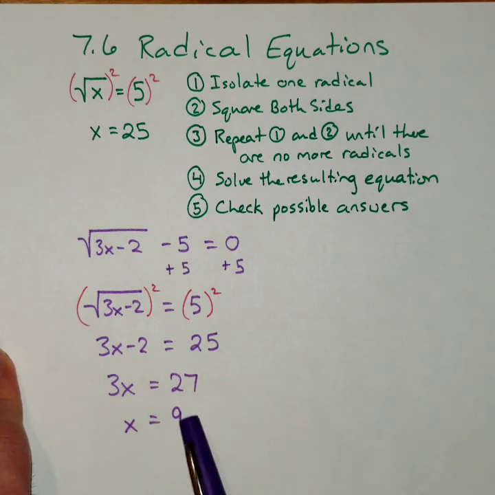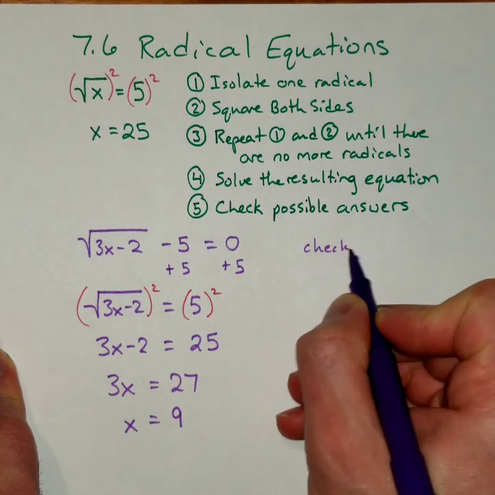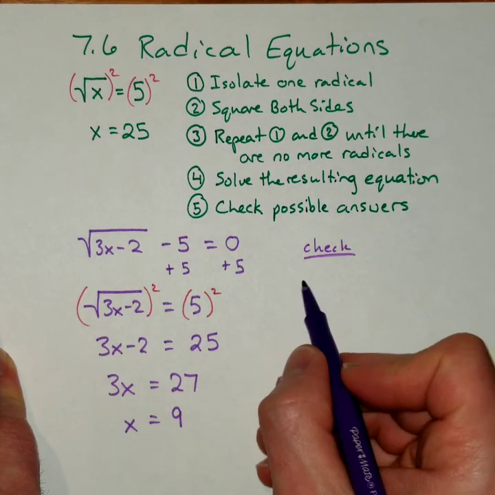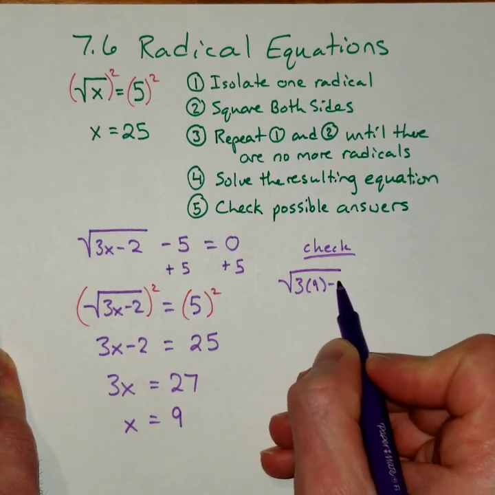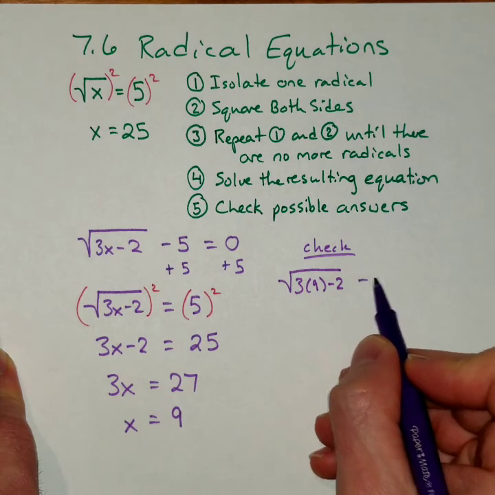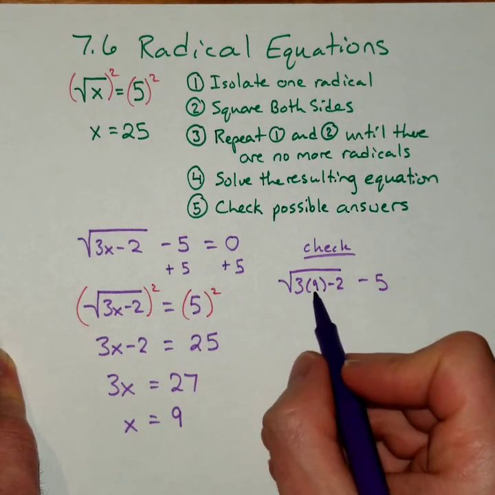Again, you should always double check with the original equation to make sure that works. So my check over here off to the side, I'm going to have a square root of 3 times 9 minus 2, and then a minus 5. So that's my left side. Now I want it to equal 0 for this to work out.